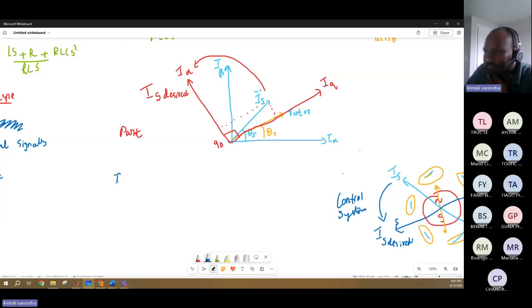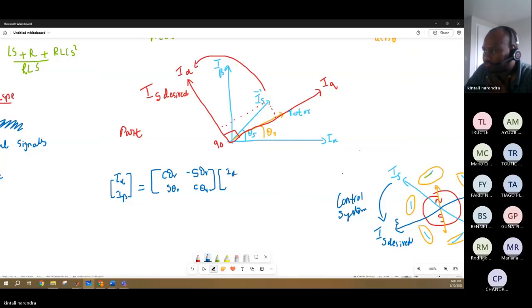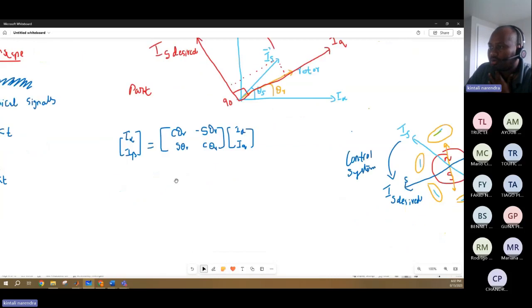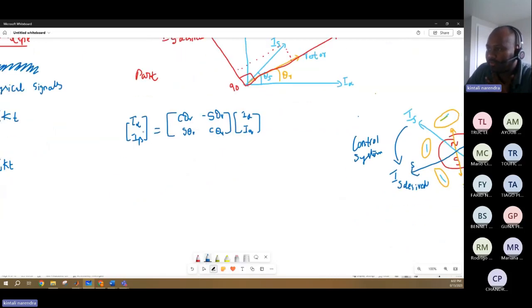You have I alpha and I beta equal to the matrix cos theta r, minus sine theta r, sine theta r, cos theta r, into id and iq.